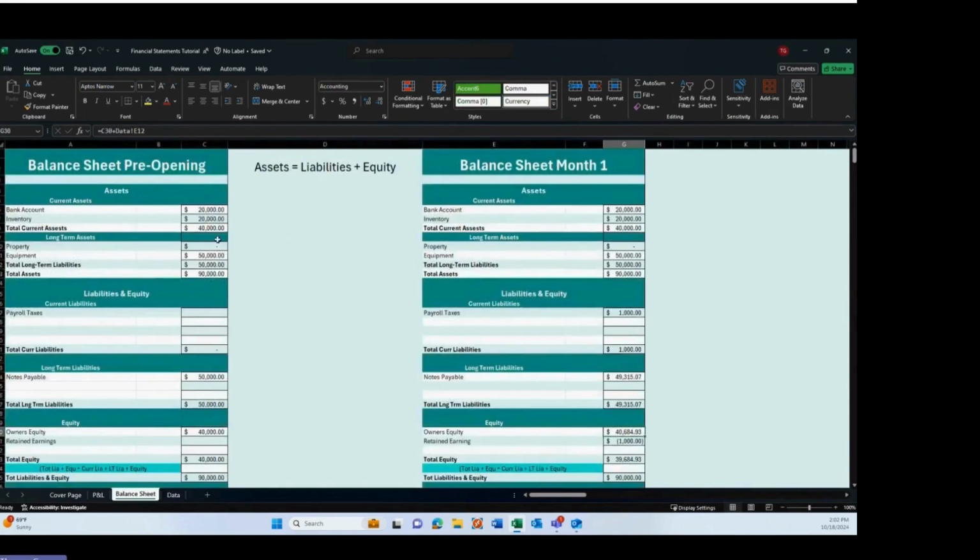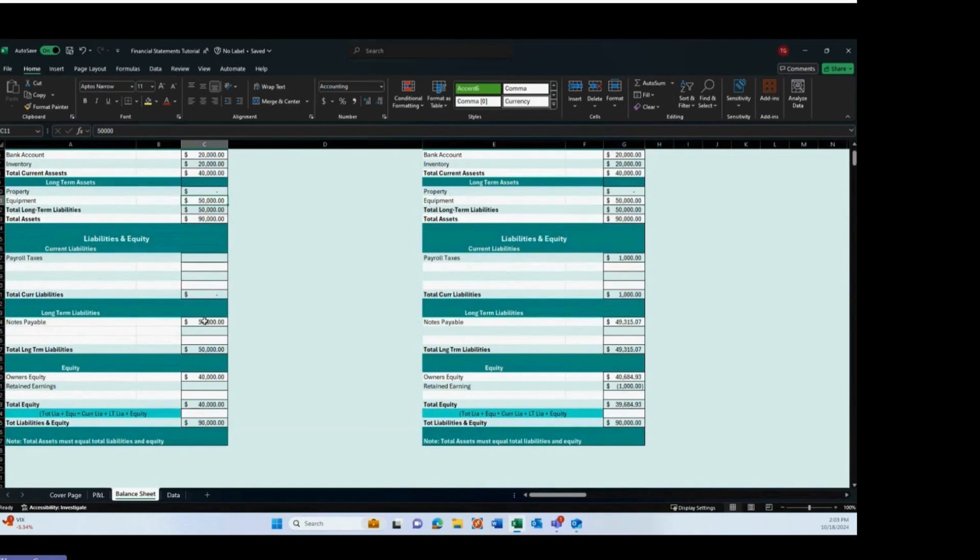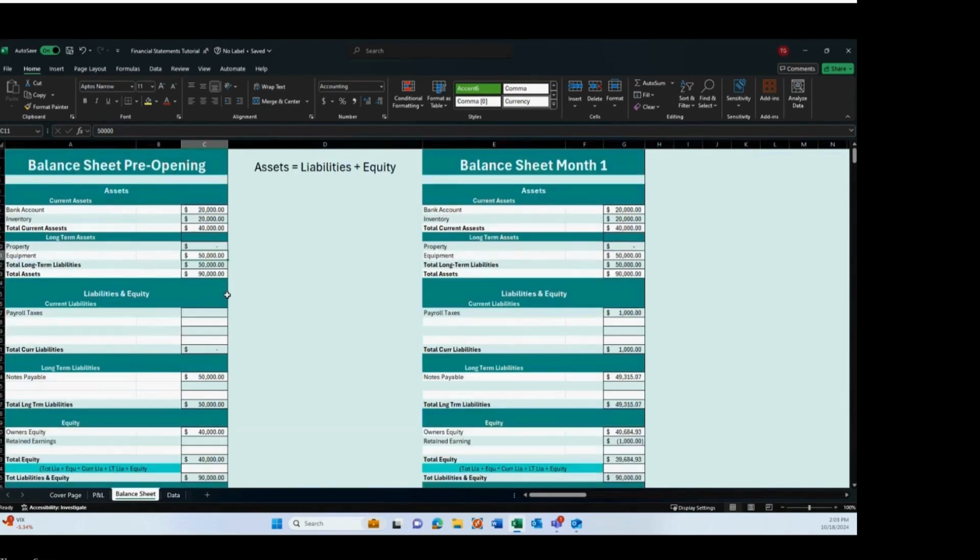So when we go back over to our pre-opening balance sheet, we can see that $50,000 right here was used to purchase a piece of equipment. That is going to be a long-term asset because it's a piece of equipment, but it's also going to become a note payable, a long-term liability, because we still have to generate the revenue to pay back the loan for this piece of equipment.